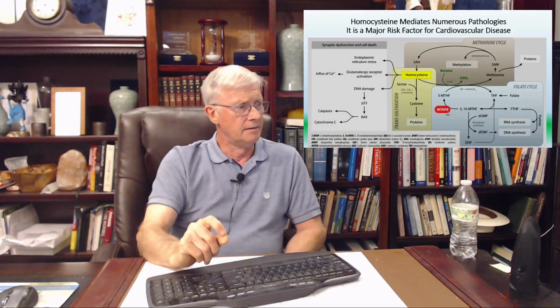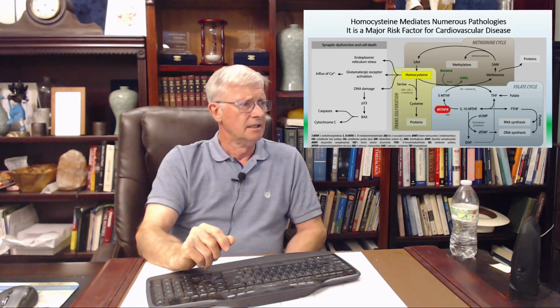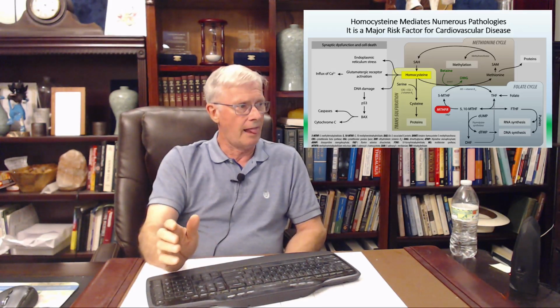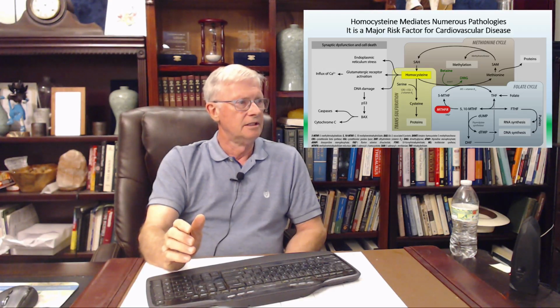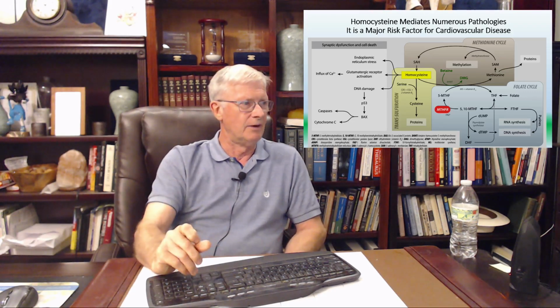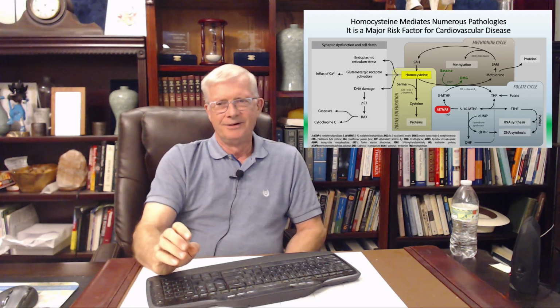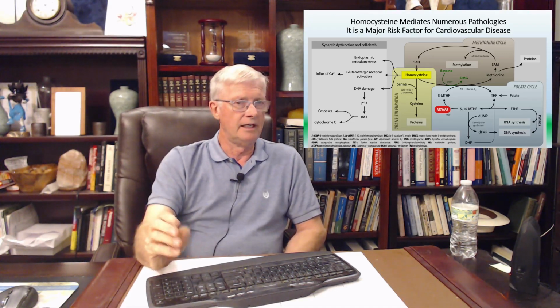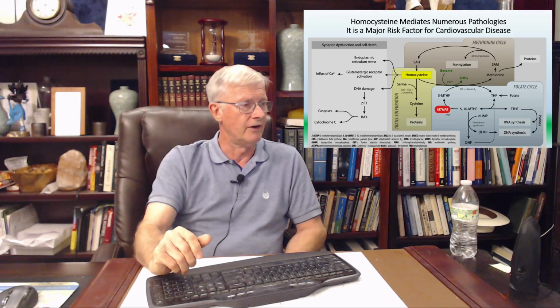Endoplasmic reticulum stress, the glutamatergic... I'm suddenly tongue-tied here. Sorry, folks. Anyway, glutamate receptor activation, which is really important in the brain, but it can cause damage in the brain if you overactivate it.